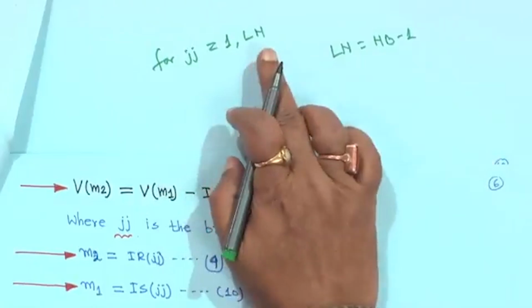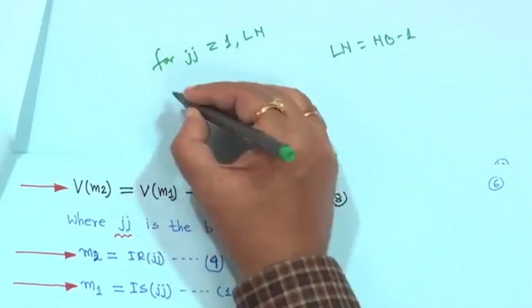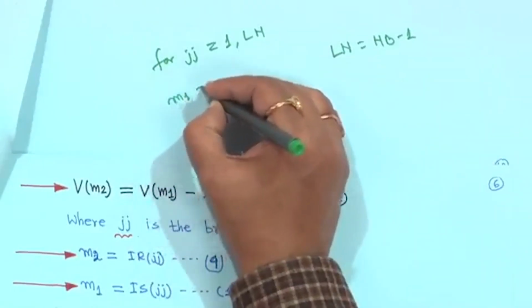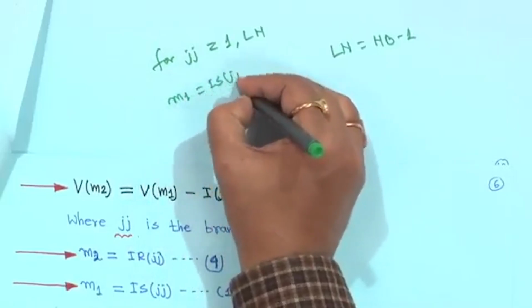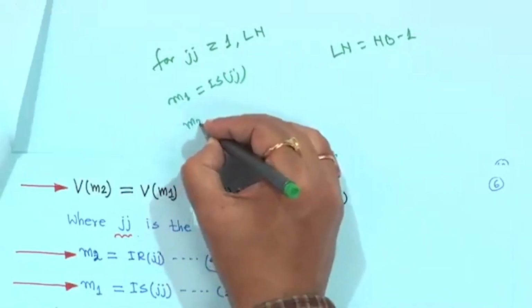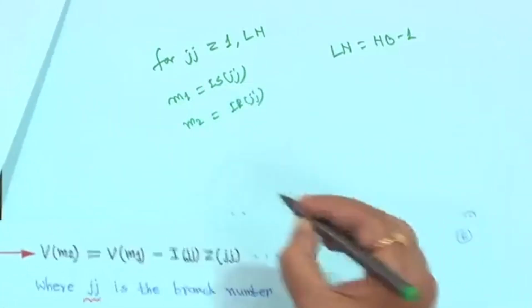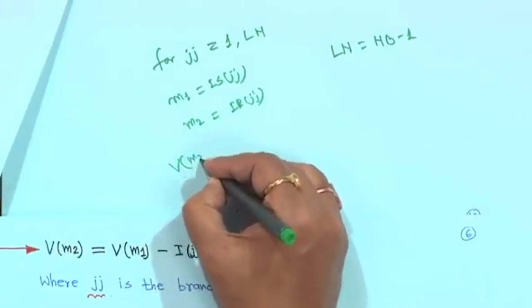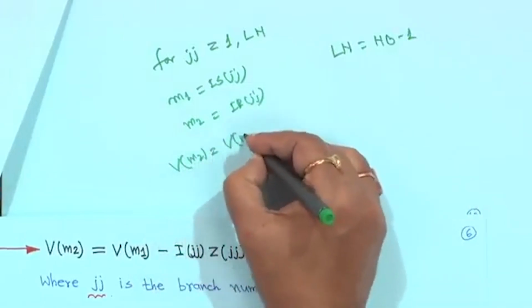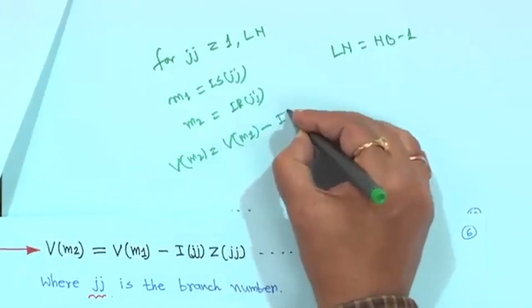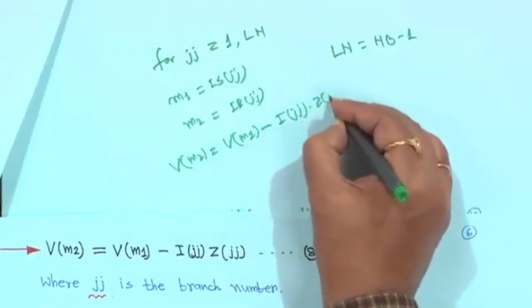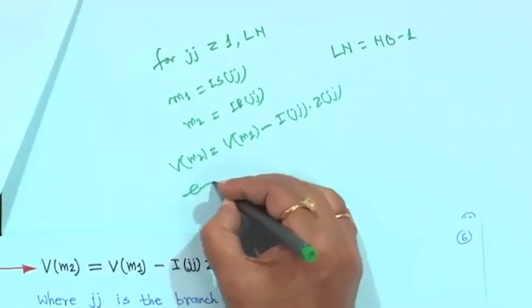For j equal to 1 to Ln, you define m1 as the sending end node IS(j), and m2 as IR(j). After that you write Vm2 is equal to Vm1 minus Ij into Zj, and end.